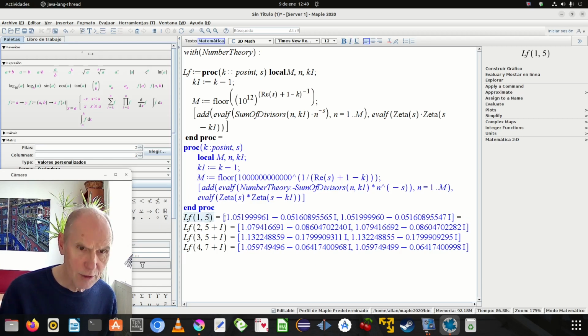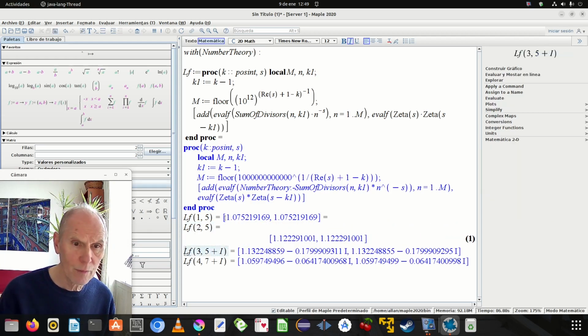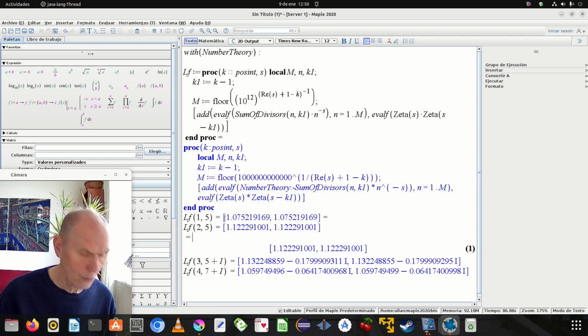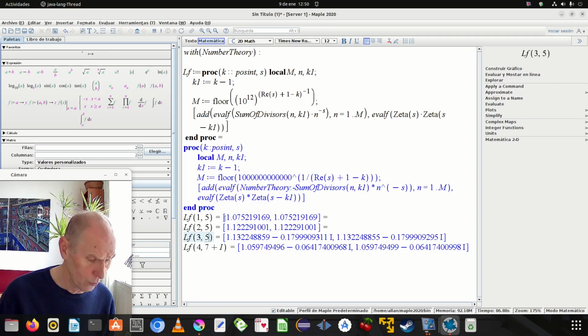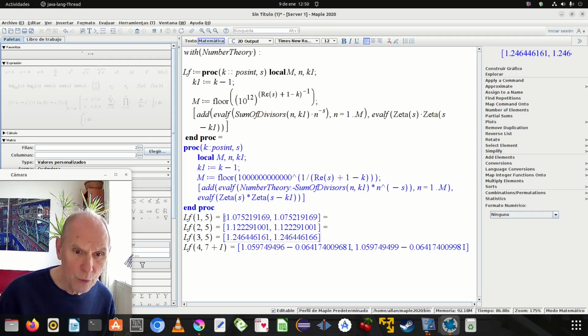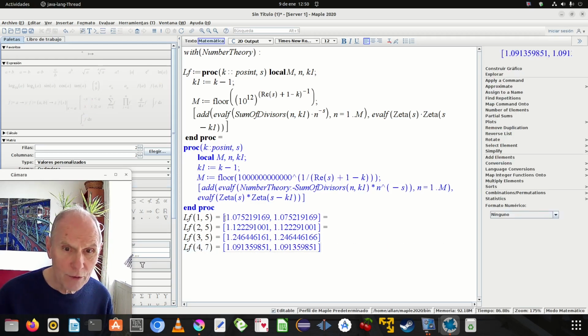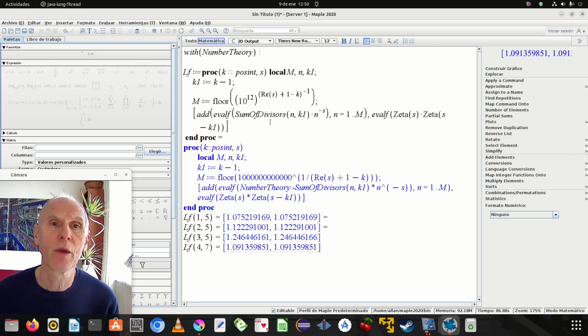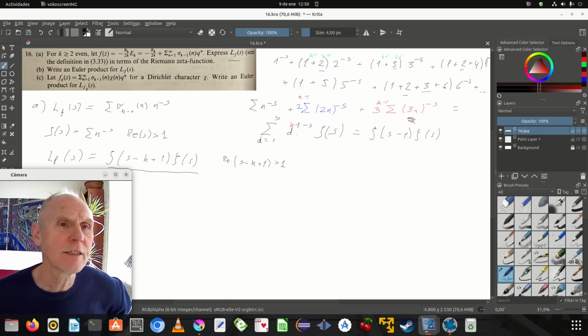See what happens. Well, that agrees even better. Lovely. So that is a vindication of my formula here. All right, next the Euler product.